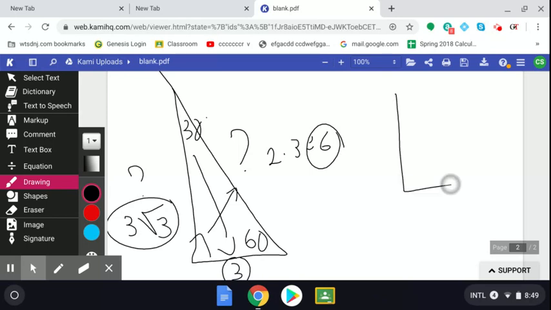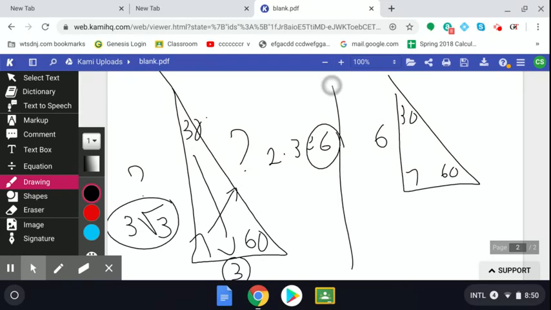Now, what if I do this? Well, let's say this is 60, this is 30, this is 90. Suppose that I give you the measure of this side and I say it's 6. And I say, okay, what is the measure of this side? So then you have to do 6 divided by the square root of 3, because I know that the long leg is always the short leg times the square root of 3.